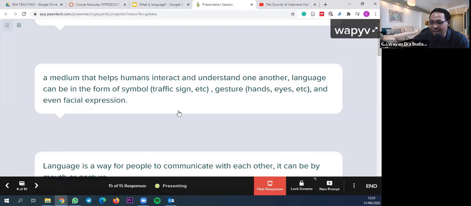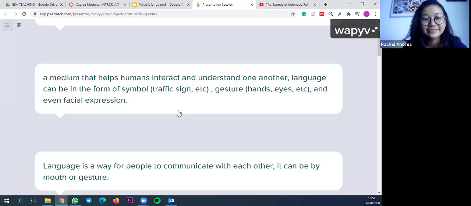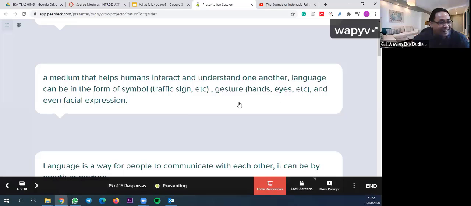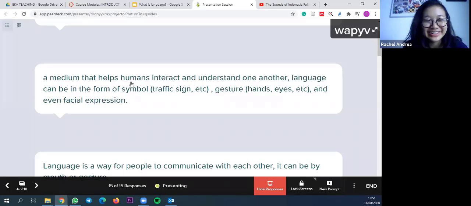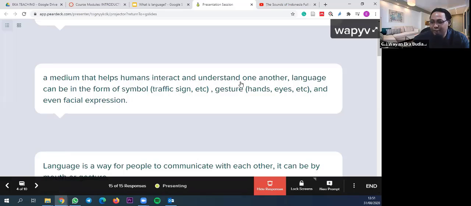Thank you, sir. Rahel, in terms of sentence writing, a little bit: I think you can put a semicolon here because these are two different sentences. Okay, oh yeah. Thank you, sir. That helps humans to interact and to understand each other. Okay, good.